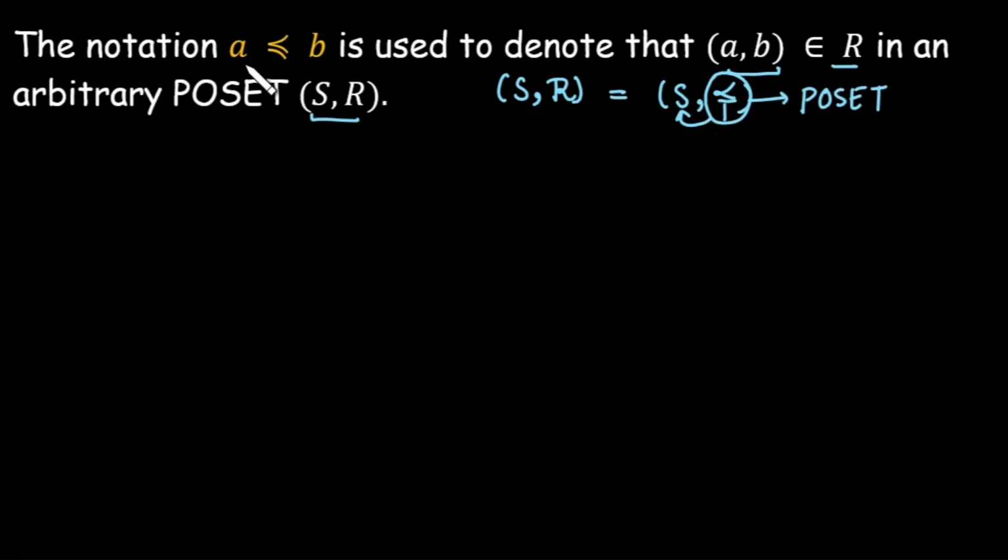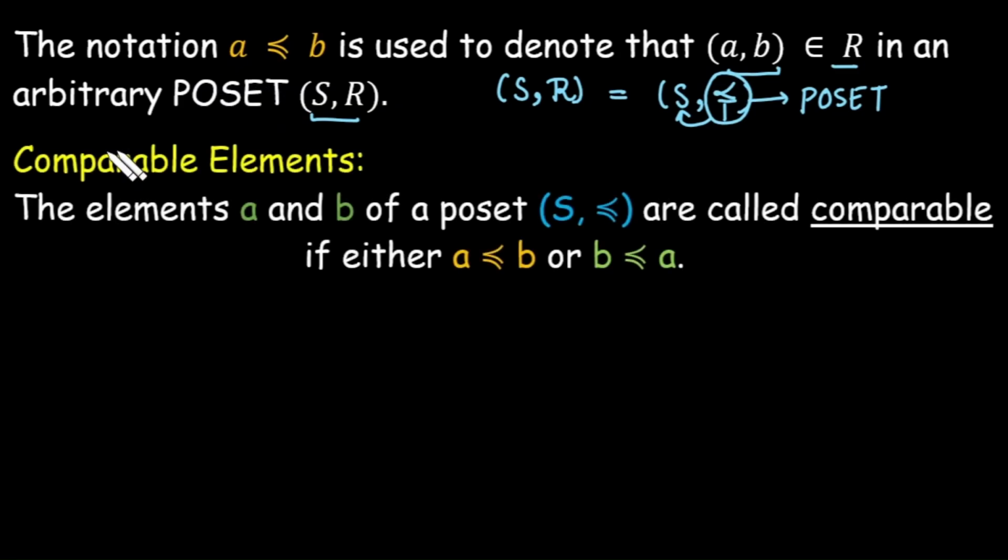In the concept of POSET, we have three more important terms, the first being comparable elements. In a POSET, we can say that some elements are comparable. When can we say the elements are comparable? If either a is related to b or b is related to a. What does it mean? It says that either a is related to b with the relation R or b is related to a.